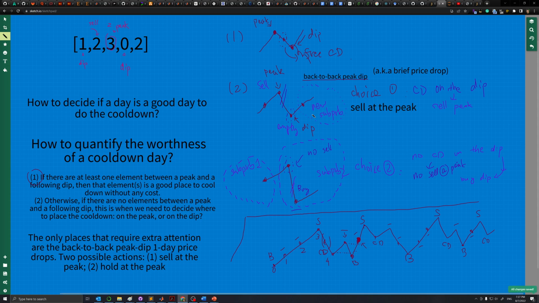So for choice number 1, we know this is empty. It's a dip, but we're doing CD on the dip, so we're just sitting through the dip day. We're not doing anything, so that's why we can separate whatever comes afterwards as a new subproblem.